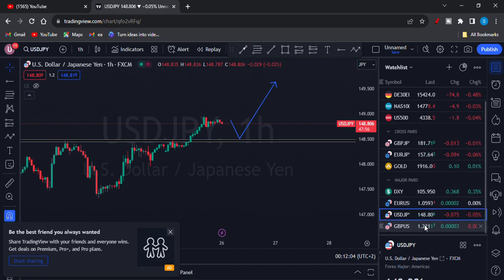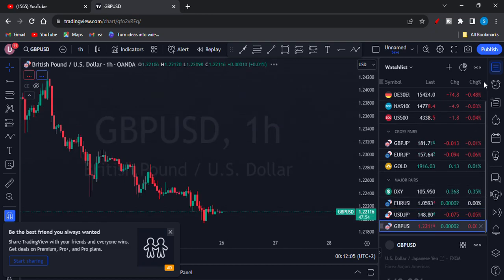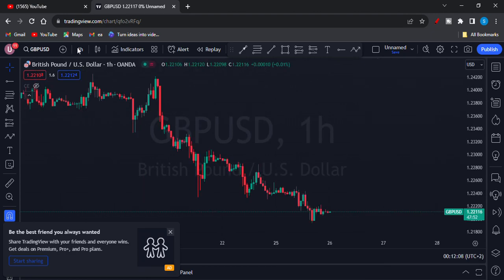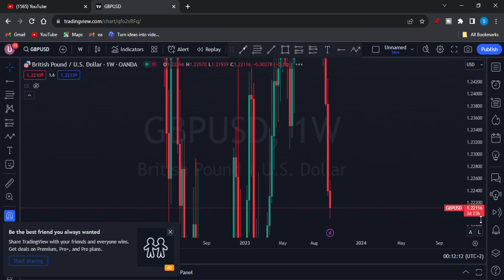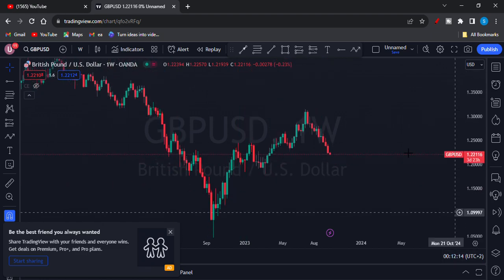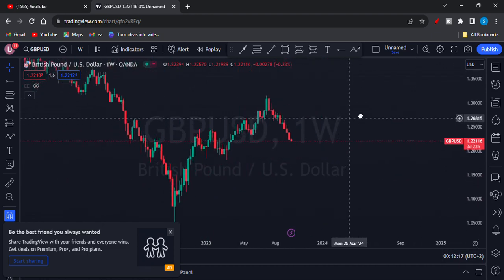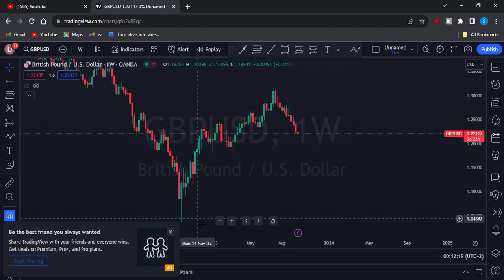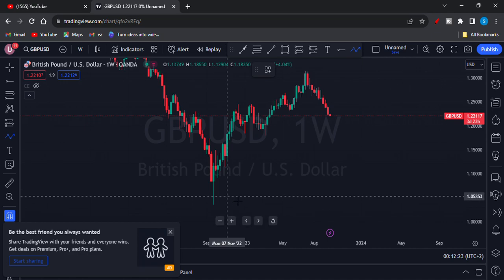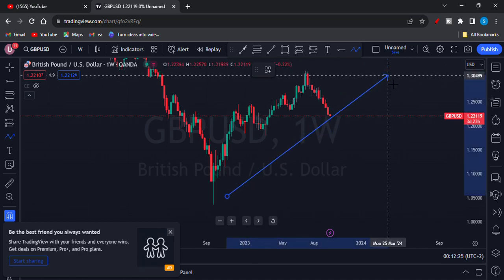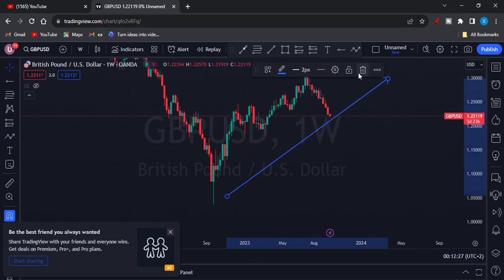And then let's go to GBPUSD. And then on the weekly, currently on the weekly, we are on an uptrend.